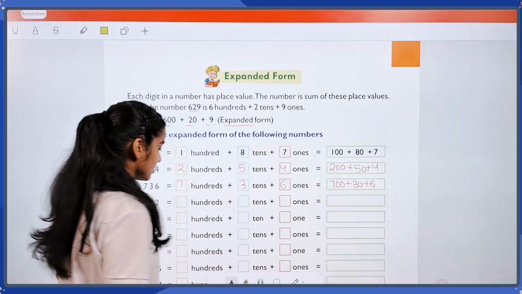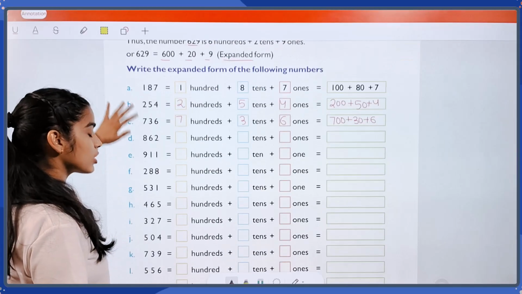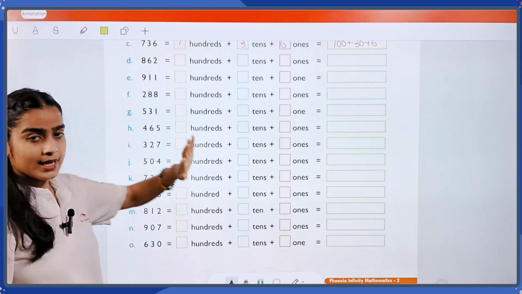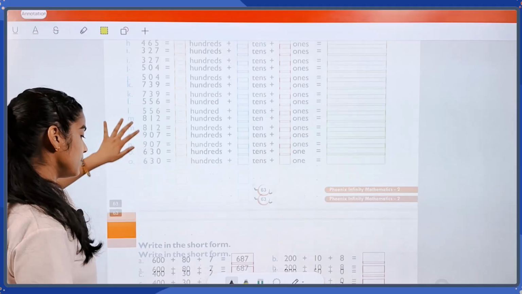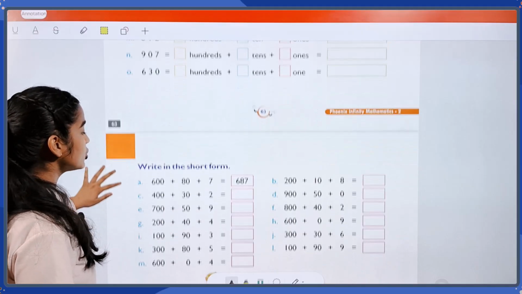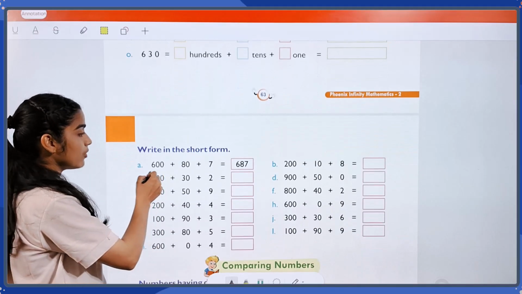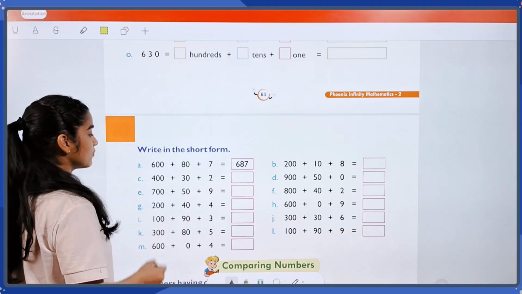So, champs, what you have to do, you have to complete this table as I do similarly. Next you have to write in the short form. So you have the expanded form and you have to write it in the short form.